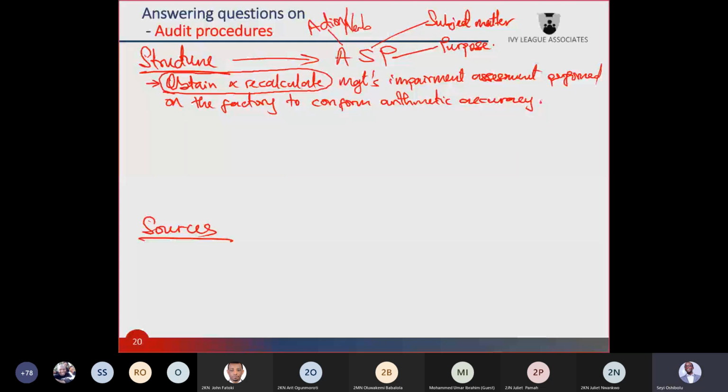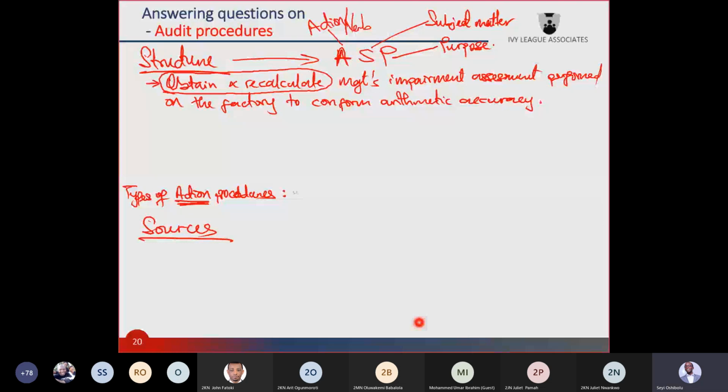This action, this verb, there are 7 types of it. How many types do I say we have? 7. So let me remind you, types of action procedures. Actually, types of audit procedures. But I hope you understand what I mean when I say action procedures. There is inquiry.